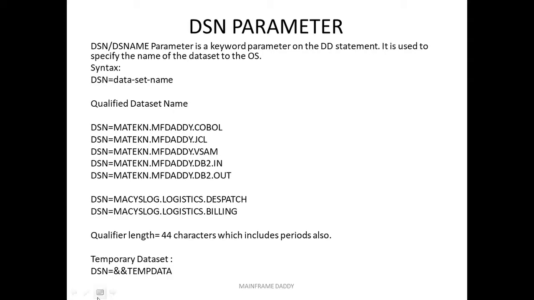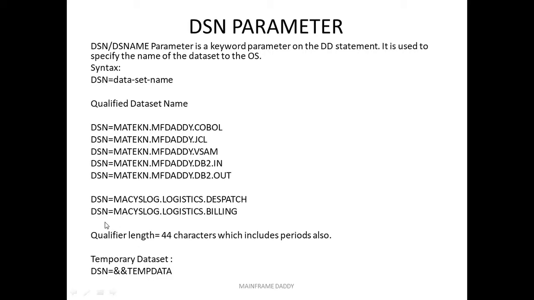And the next one is the temporary dataset. Temporary datasets are datasets which are used during the lifetime of a job. After the lifetime of the job is over, those datasets will be deleted automatically.